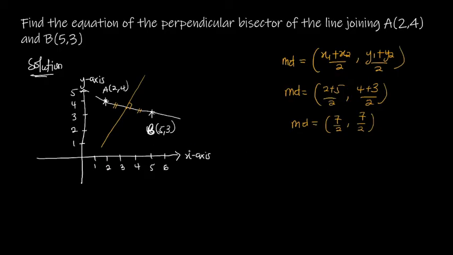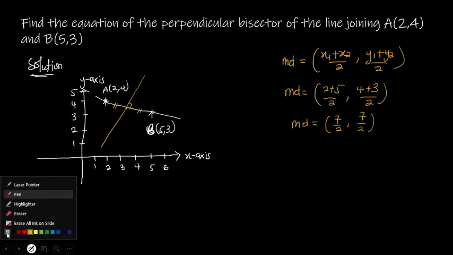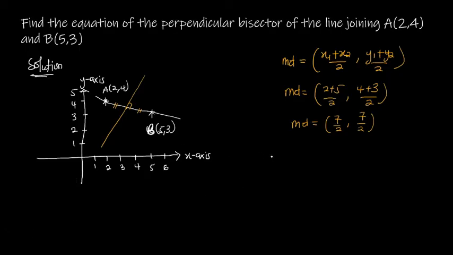Now that I have the midpoint, I need to calculate the gradient of the line AB and use that to find the gradient of the perpendicular bisector. So my gradient of the line AB, m, is equal to y2 minus y1 on x2 minus x1, which is equal to my y2, which is 3, minus my y1, which is 4, on x2, which is 5, minus x1, which is 2.